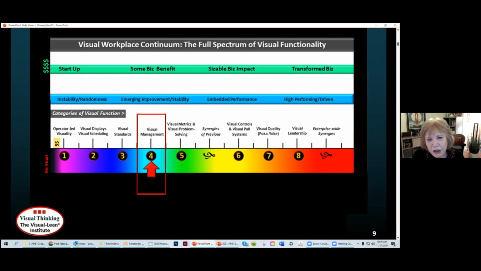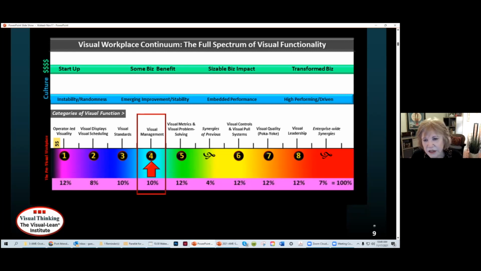Because I feel pretty comfortable in this field, very comfortable, I assigned each of these a value in order to bring home the point a little bit more, that each contributes, and even the synergies contribute. Here we have 4%, here we have 7% for the synergies of the previous methodologies or functionalities working together.